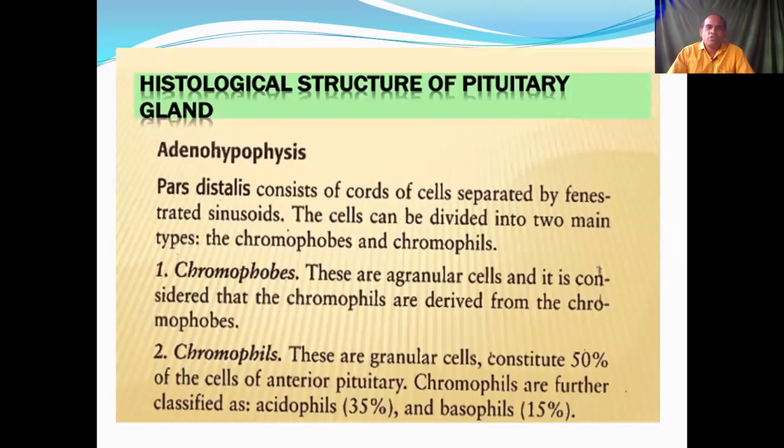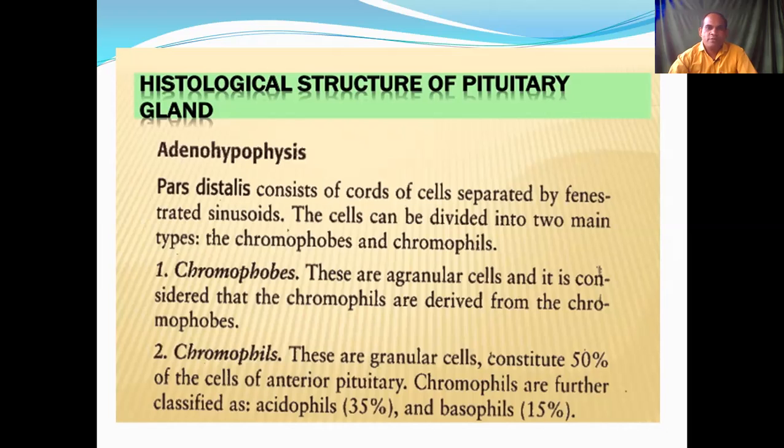When we see the histological structure, the pituitary gland is divided into two parts: adenohypophysis and neurohypophysis. First we will see the adenohypophysis. Pars distalis consists of cords of cells separated by fenestrated sinusoids.